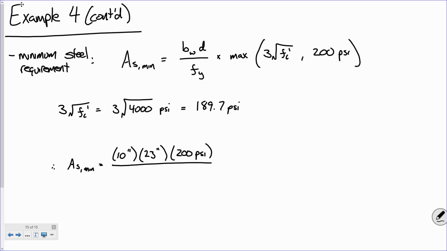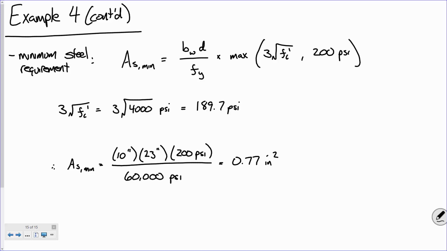And then what's fy? There you go. Units. This is 60,000 psi. Now, if you plug and chug these numbers, you're going to get 0.77. What are the units going to be? The psi are going to cancel, and you're going to be left with square inches.